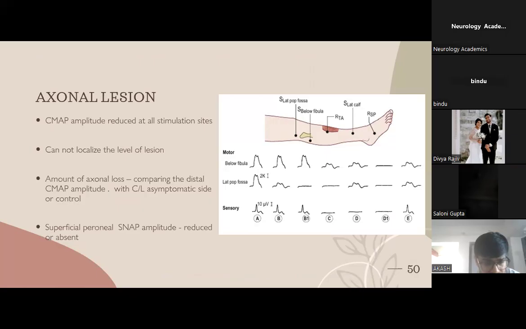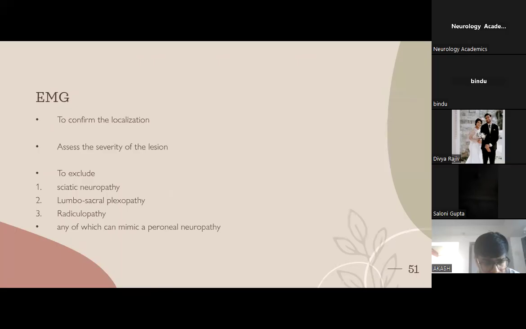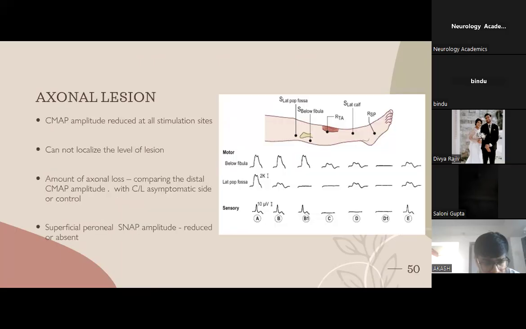There will be uniform reduction in CMAP amplitude at all stimulation sites, and the superficial SNAP amplitude will also be reduced, compared to a demyelinating lesion where SNAP is usually normal. The patient will have sensory abnormality, but electrophysiologically it will be normal.